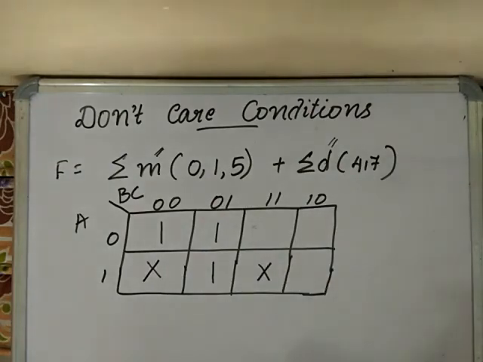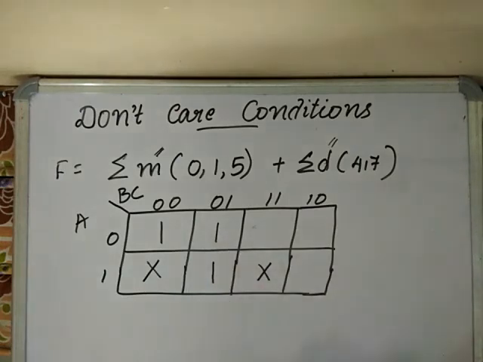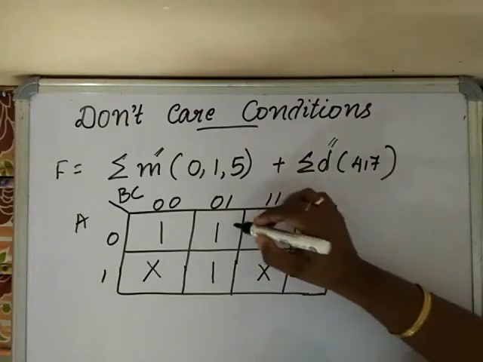As I mentioned earlier, when we simplify a function, we can include the don't care min terms with either ones or zeros. Since it's a sum of product form, we use ones. When we use don't care with product of sum form, it will combine with zeros. So we can group this.